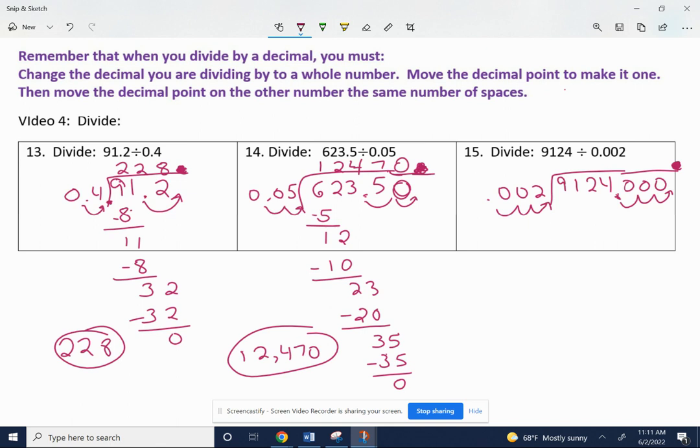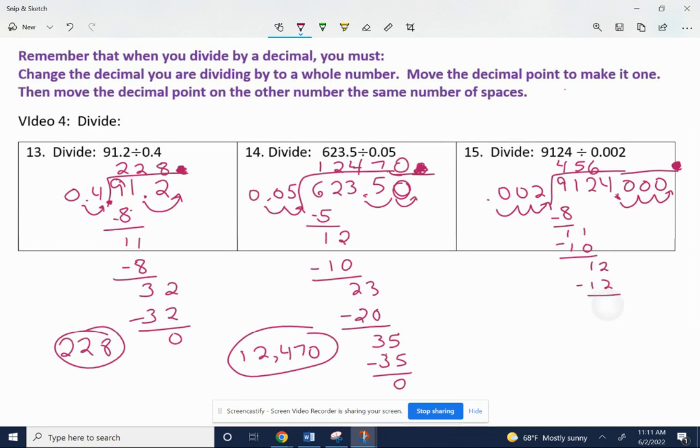Now I'm just going to start dividing. 2 into 9 goes 4 times. Subtract 8 from 9, 1. Bring down the 1. 2 into 11 goes 5 times. 5 times 2 is 10. Subtract, you get 1. Bring down the 2. 2 into 12 goes exactly 6 times.